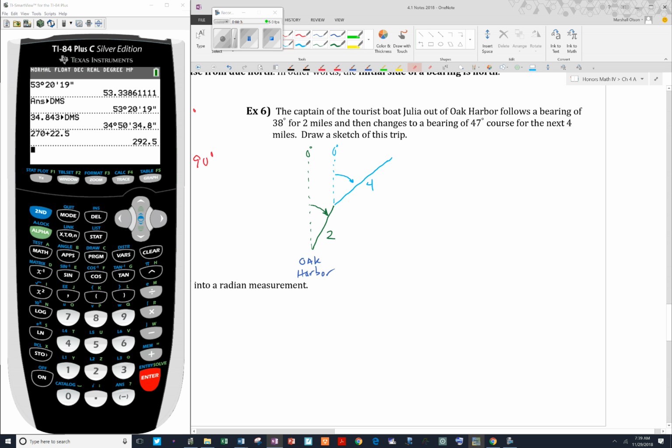This is where he's going to end up. Does it look like about twice as long? Pretty good. And then I'm also going to throw these in here. This was 38 degrees, and then this one was a bearing of 47 degrees.